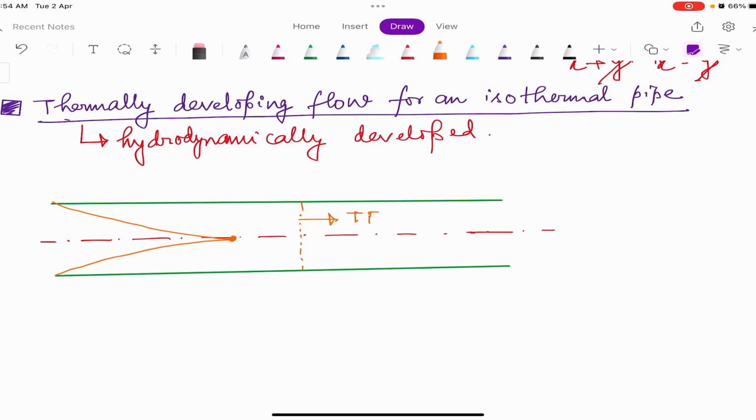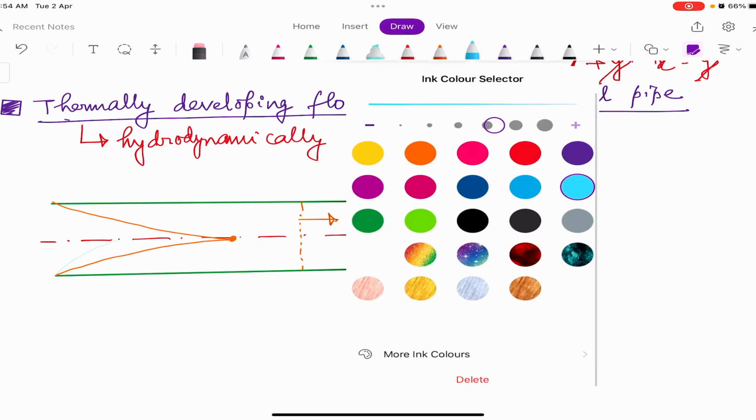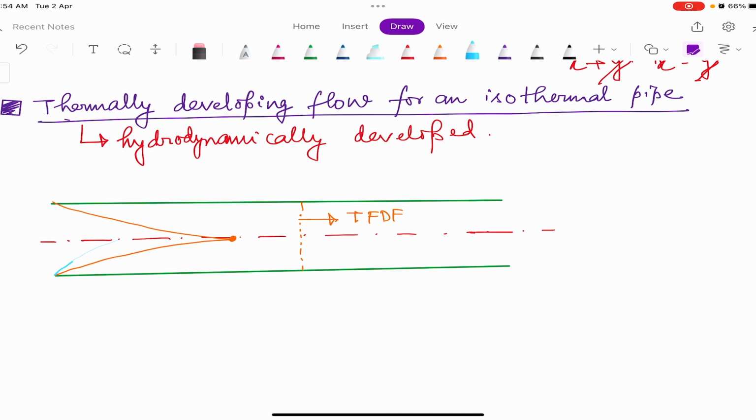The hydrodynamically fully developed flow is already in this region.